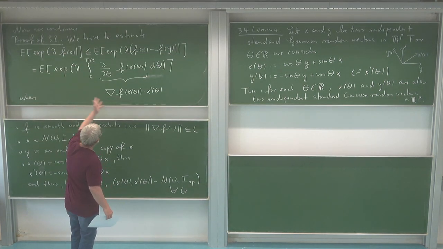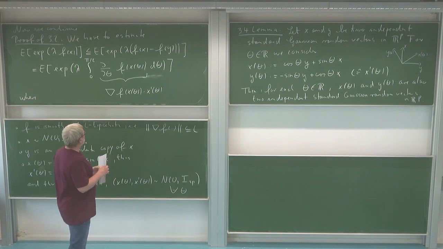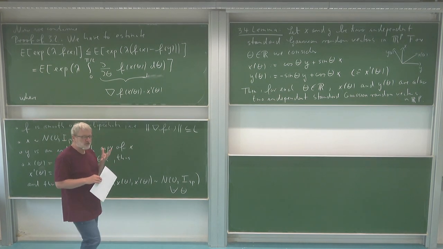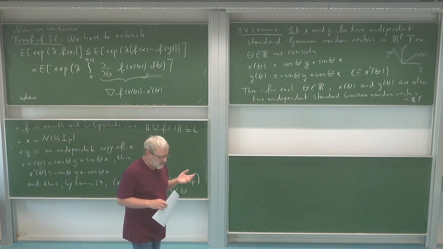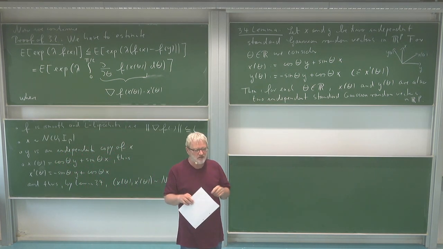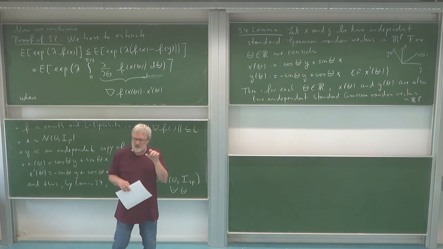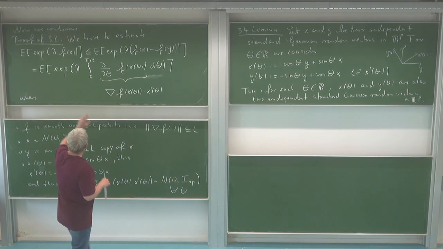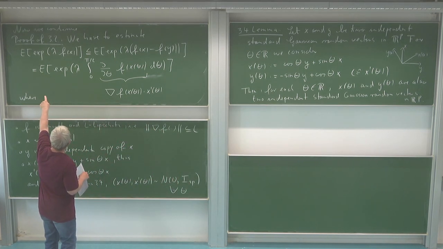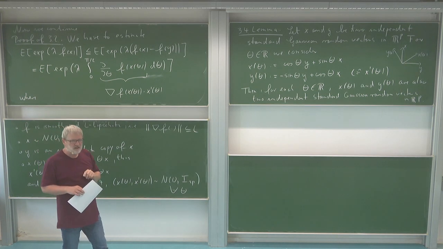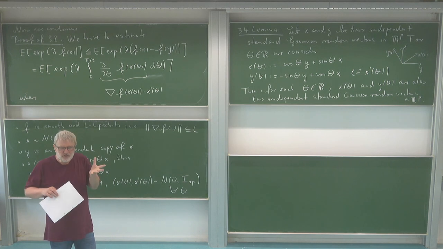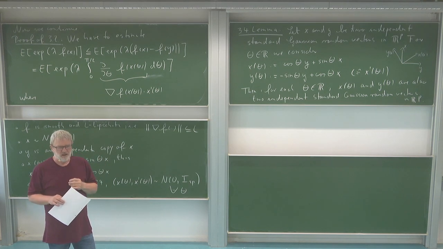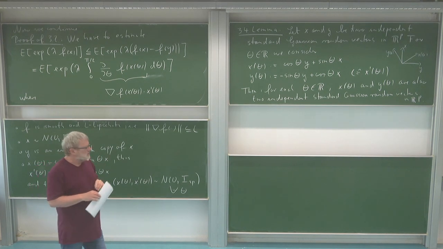Yeah, and now we have to try to estimate this. And of course, what is our goal? In principle, in order to get a Gaussian estimate, the estimate that the probability is e to the lambda squared, we should estimate this expectation of the exponential against lambda squared. So it should be an estimate in lambda squared, because that's what happens for a Gauss distribution.